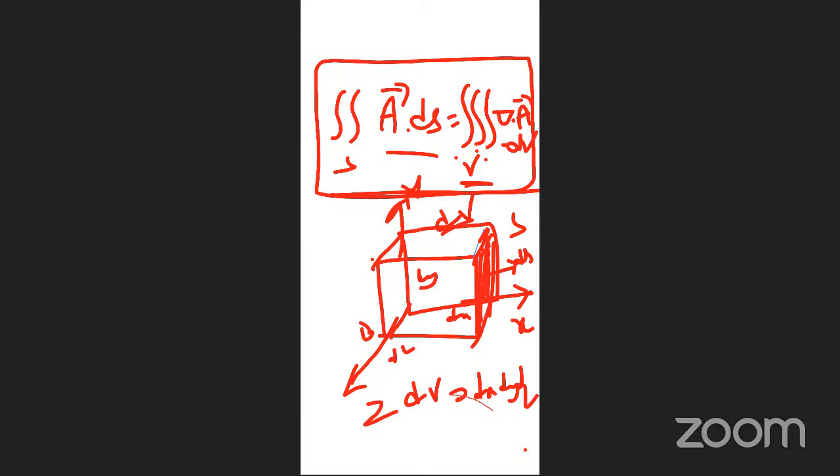Let A be a vector and n be the unit vector. That is, A is the vector and n cap is the unit vector.